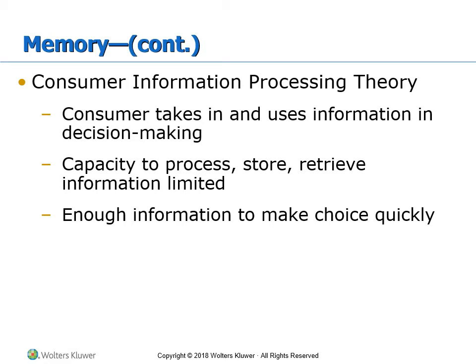Instead, if somebody has limited capacity, I might tell them, for example, if they have diabetes, only focus on carbohydrate content, and then as they gain more knowledge and skills, we could then expand, and their capacity increases. But if you overwhelm that capacity, then people aren't able to make choices.